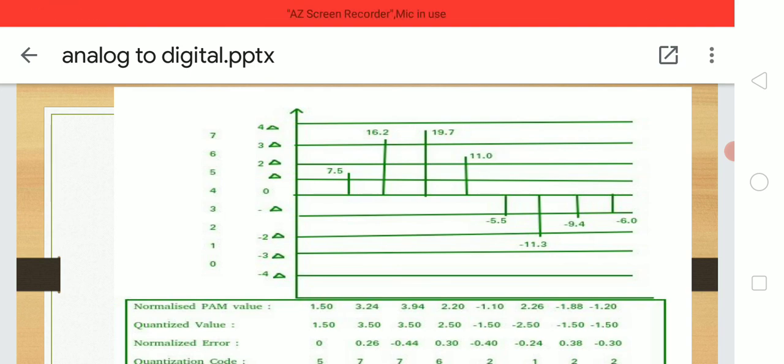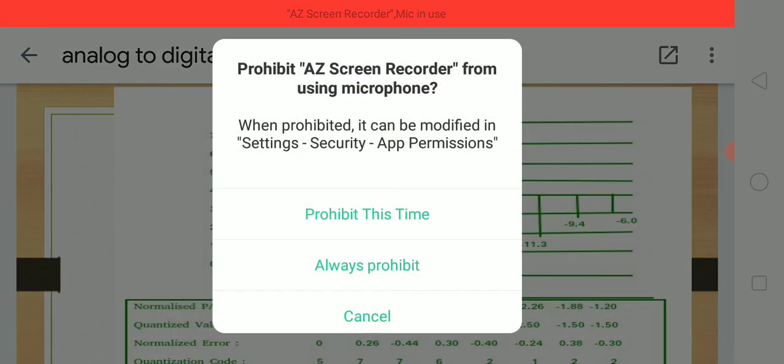The most common bit depths in analog to digital conversion are 8-bit, 16-bit, 24-bit, etc. If we are using 8-bit, it has 2⁸, 256 levels. Here showing an 8-bit communication.